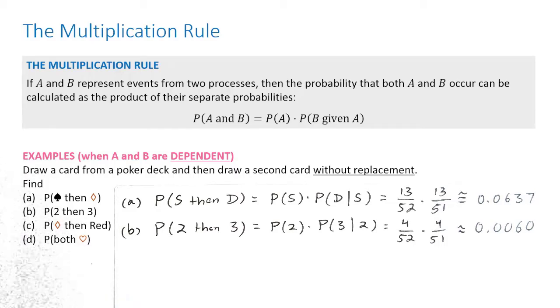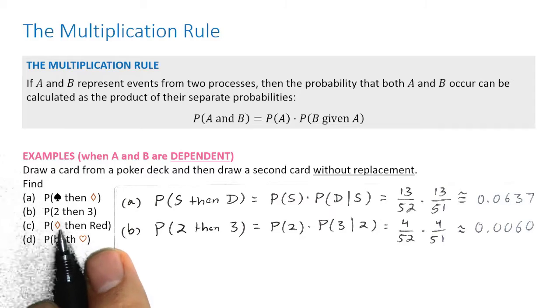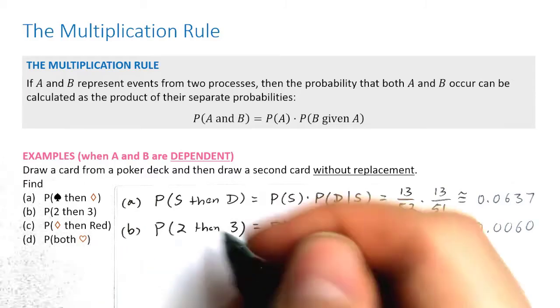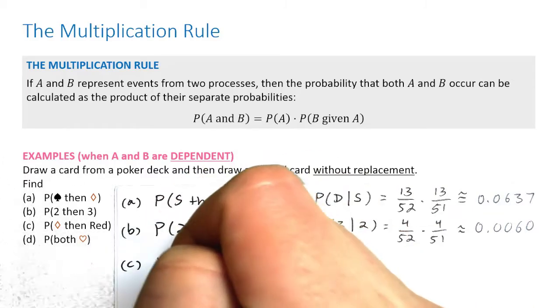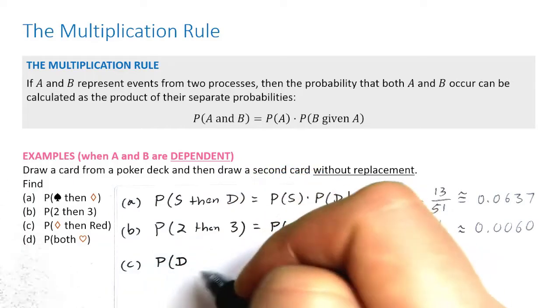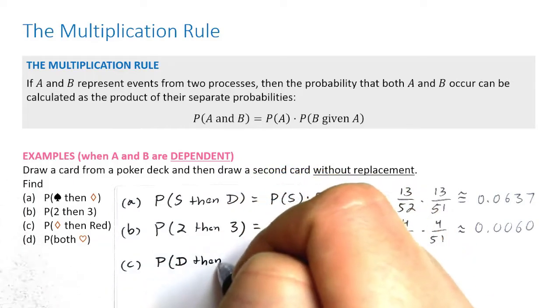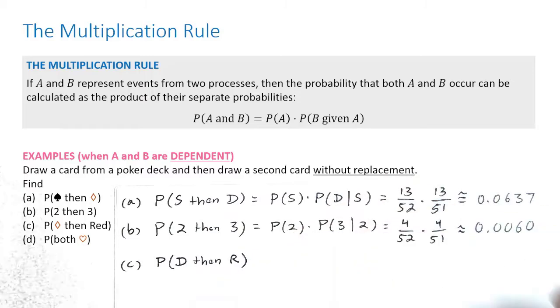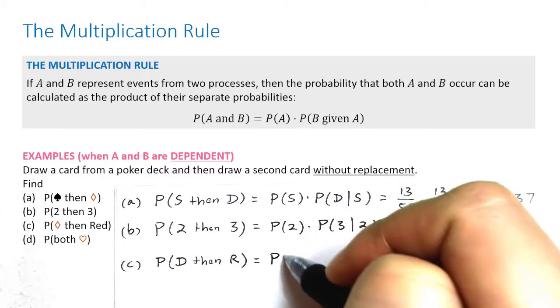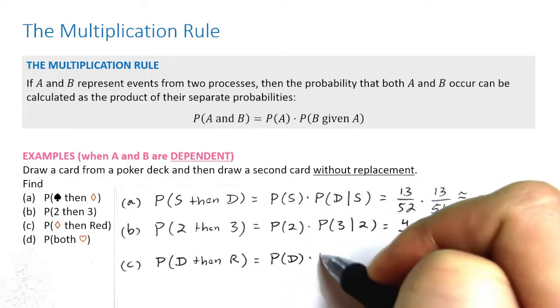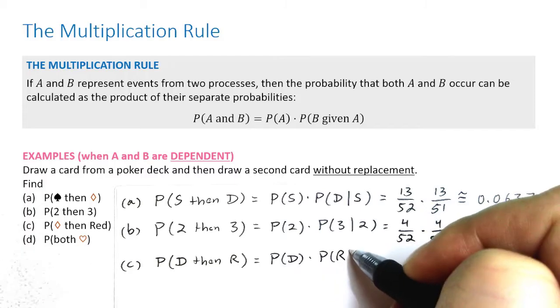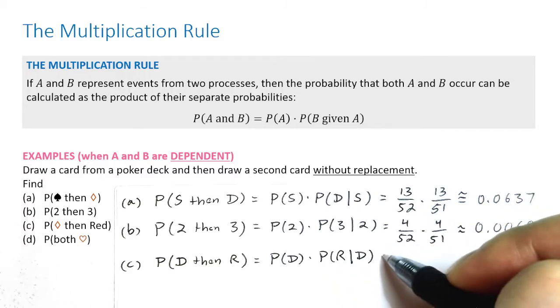Okay, let's look at the part C here. A diamond and then a red, right? So probability of a diamond, I'll use D, and then I get a red, I'll use R. Okay, so that's the probability of getting a diamond times the probability of getting a red, given that I drew a diamond.